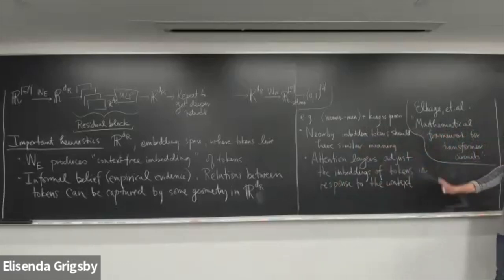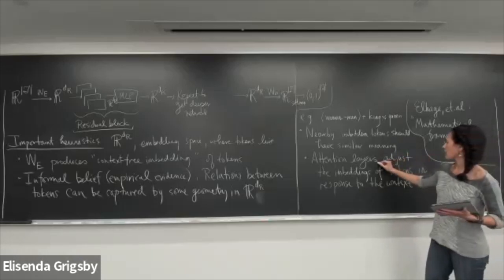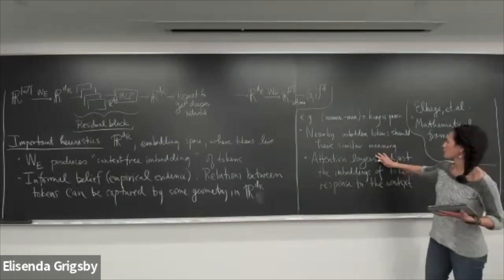So the attention mechanism is some way of taking these original embeddings that were context-free, and then using the information of the sequence, so the embeddings of all of the tokens in the sequence, to adjust the locations of each of the tokens as you move through. And I guess I should say also that the MLP layers do as well.